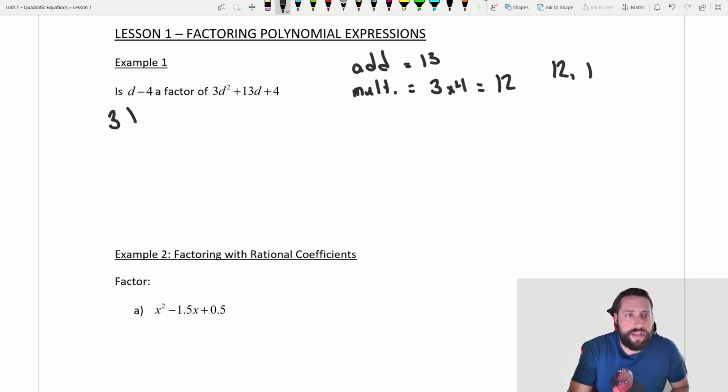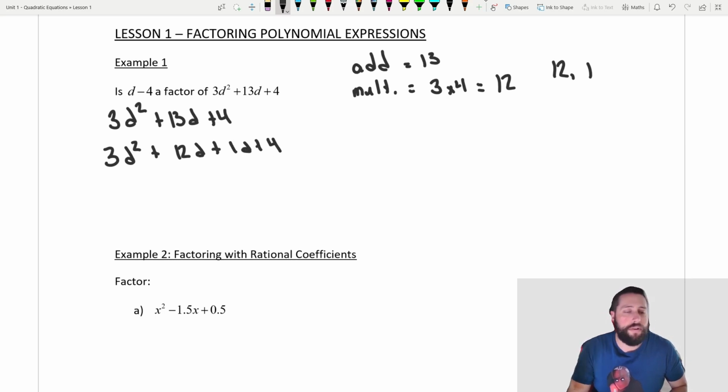So we have 3d squared plus 13d plus 4, and we're going to break up the 13d so that it's 12d and 1d. Again, from last time, we're going to separate into two different brackets and factor the two brackets.